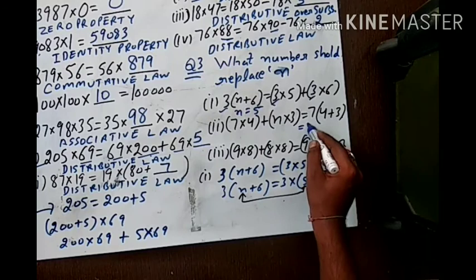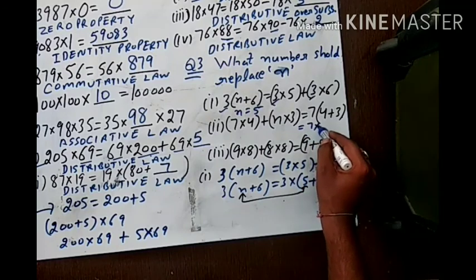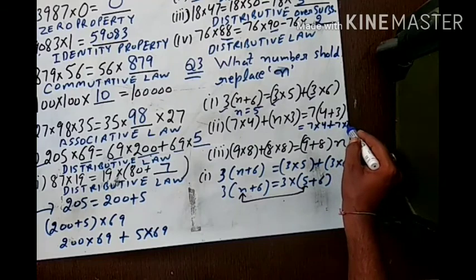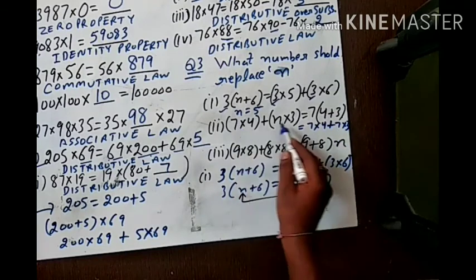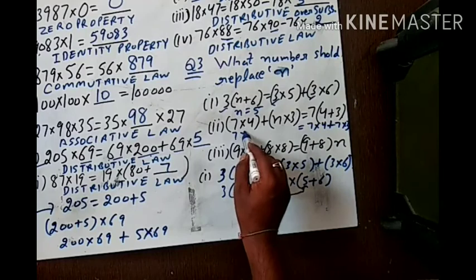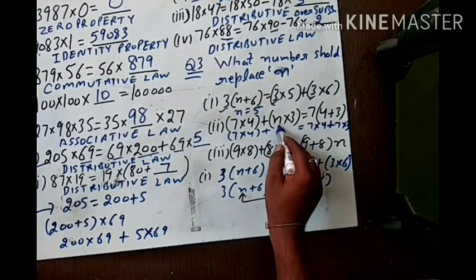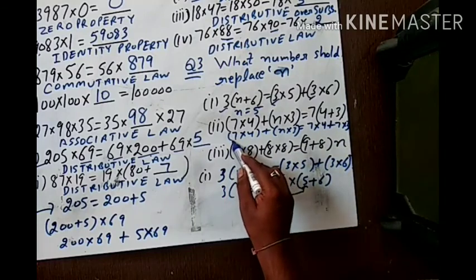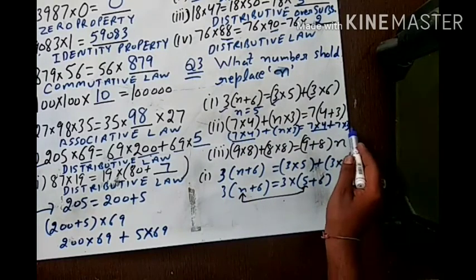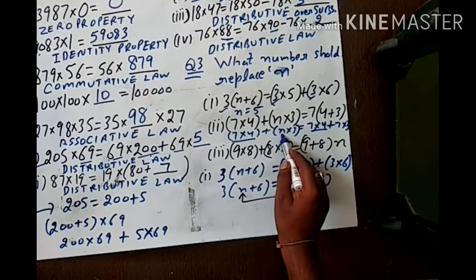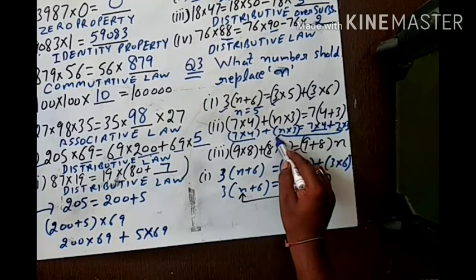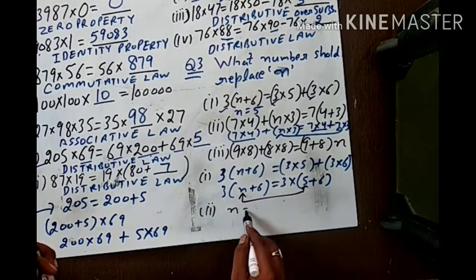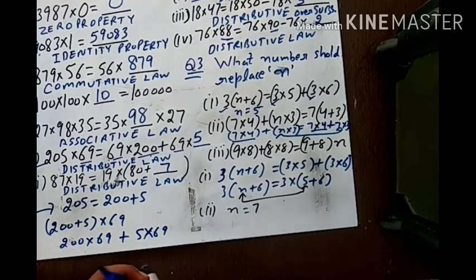Now if you compare both these, then you will get to know what number should be in place of n. You will see 7 4 equals 7 4 and 7 3 equals n 3. So in place of n you will get 7. So for the second question, my answer is n is equal to 7.